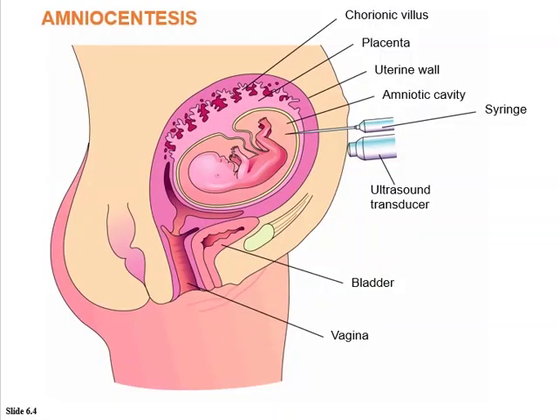Regarding amniocentesis, it's done by a needle guided by ultrasound. The needle pierces the abdominal skin and uterus to reach the amniotic cavity to take samples from the amniotic fluid, and this is called amniocentesis.